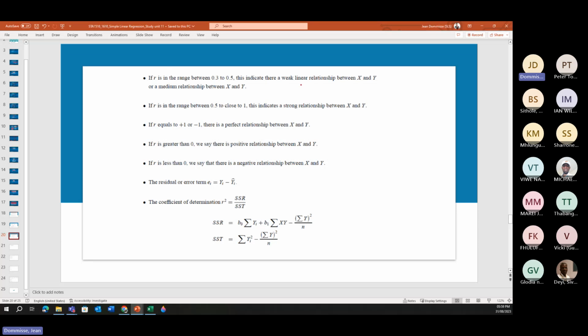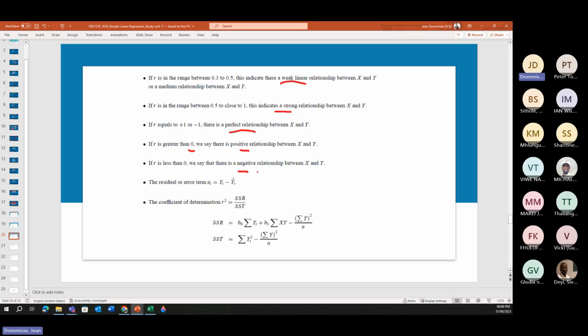So they talk about a weak linear relationship, a strong linear relationship, a perfect relationship, and then if it is a positive or negative relationship. So again, just go through it when I send it to you guys, but anything below 0.5 is a weak relationship.